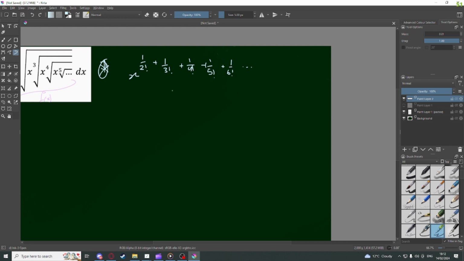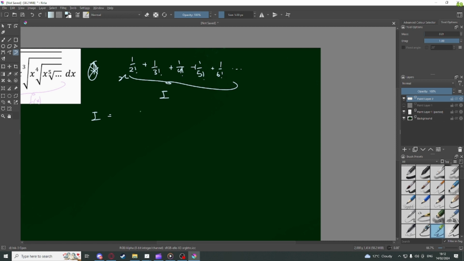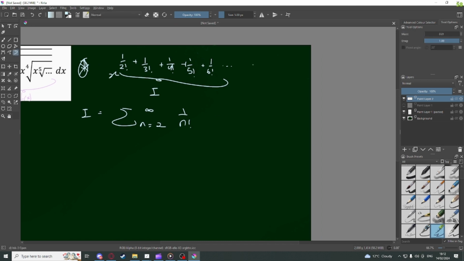And this is my, I guess, index. So let me label this I, right? I want to find out what my index will converge to. So this is the infinite sum from n equals 2 all the way up to infinity of 1 over n factorial. Right?